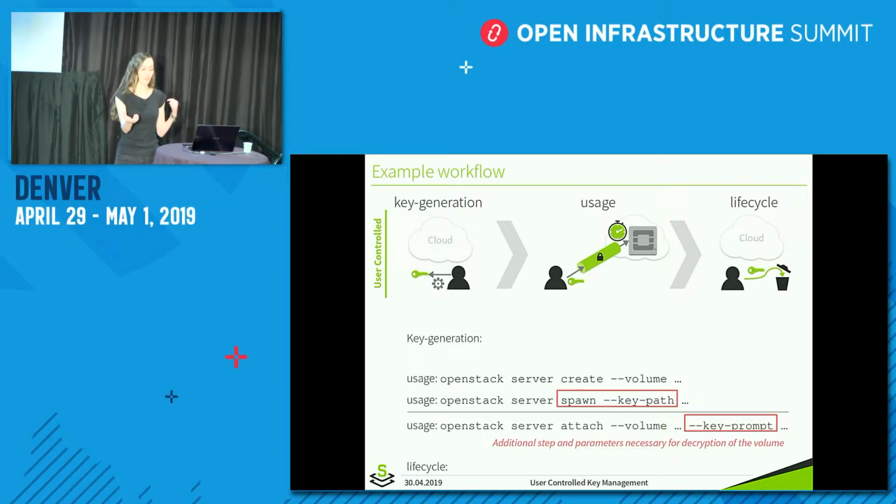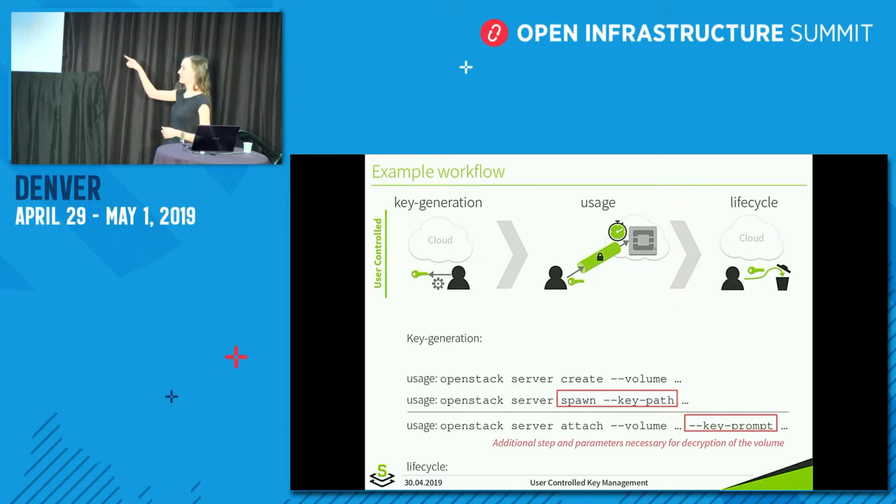And then we use the openstack server spawn command and give it a key path. Or, as you can see in the comment down below, a key prompt parameter. So actually, we have the possibility to specify the key in the key path or just to prompt from the CLI.